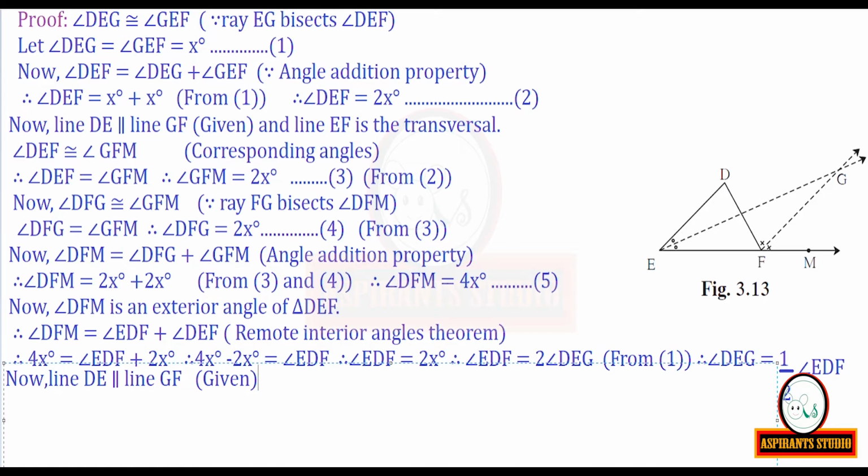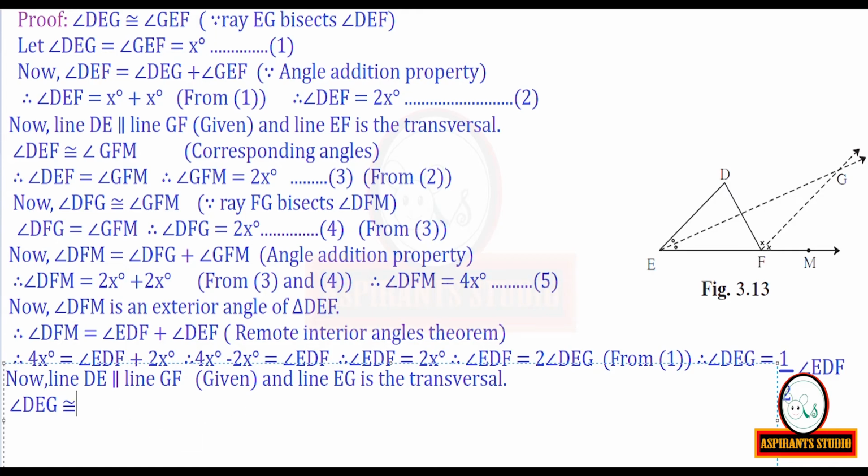You are given line DE is parallel to line GF, and you have to take line EG to be the transversal. You have to look at the figure very carefully. Then you are getting the alternate angles to be angle DEG and angle FGE. Now since the lines are parallel, by alternate angles theorem, you get these two angles to be congruent.